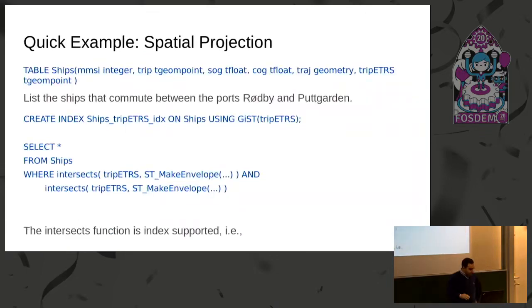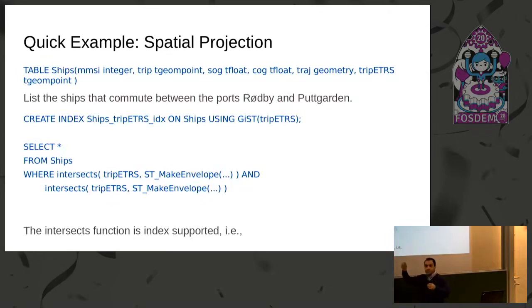So let's look more at queries in MobilityDB and what kind of operations you can get there. In this example, and the following few ones, the same ship database will be used. Basically, we have a table ships that has an identifier for a trip, and a trip trajectory as a temporal geometry point.